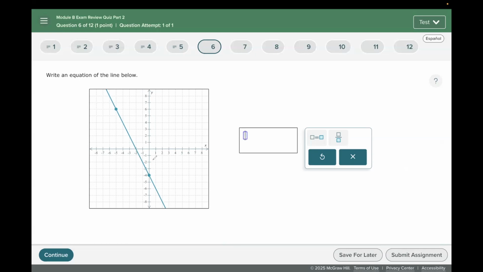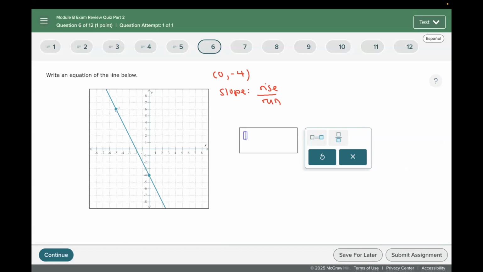And notice we have the point 0, -4. So we're going to have the point 0, -4. And remember, slope is rise over run. And you should ask yourself, is this a positive or a negative slope? Well, it's negative since it's decreasing from left to right. So, all right, let's compute the slope.